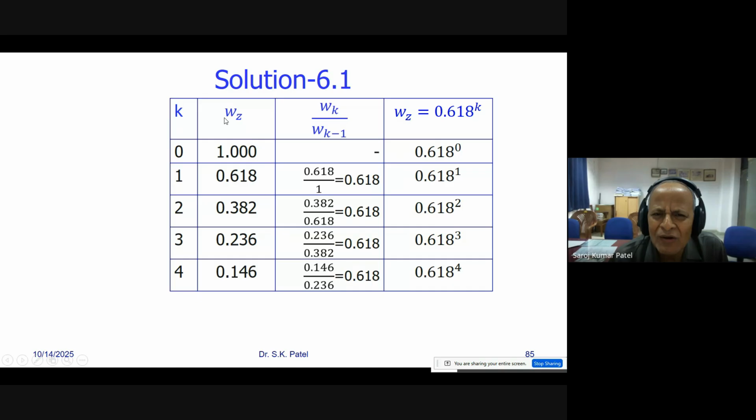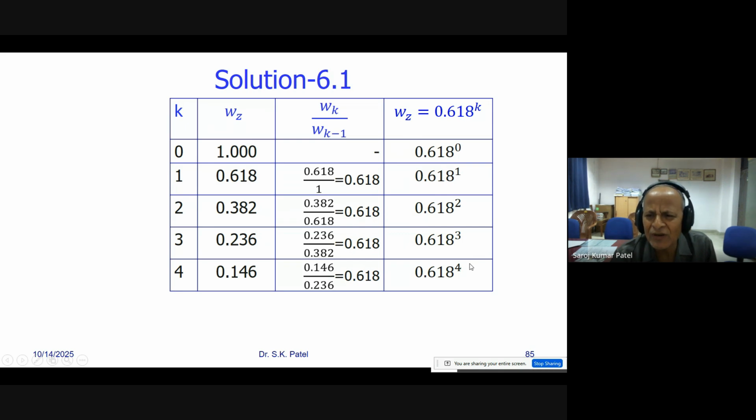That means WZ at any iteration can be expressed as 0.618 to the power k. So at the 0th iteration k is 0, and in the first iteration WZ is reduced to 0.618, so 0.618 to the power 1.